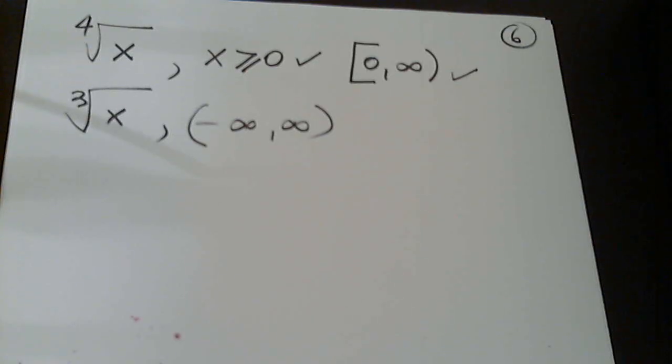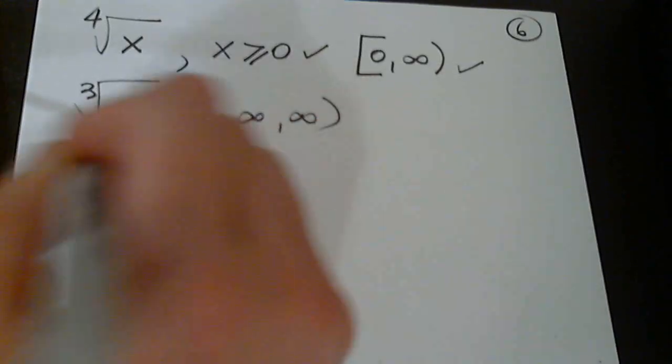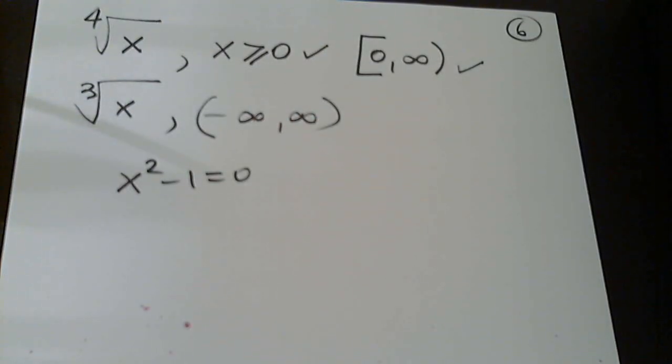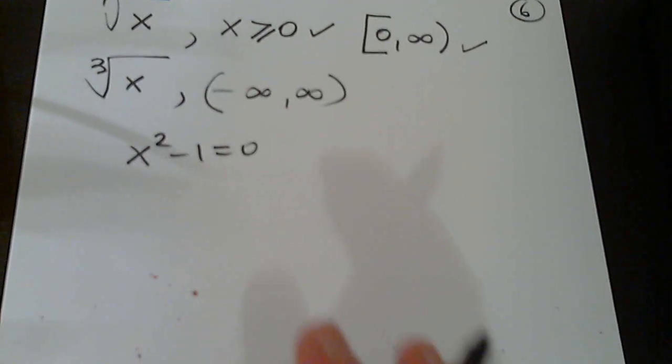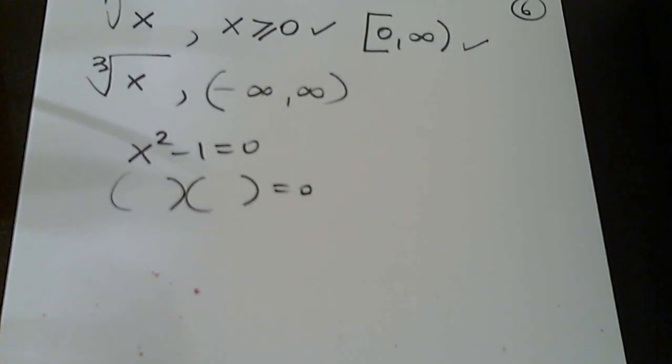Explain why the square root of a negative number is not a real number. Excellent. So, when we solve the equation x squared minus 1 equals 0, what will you tell me to do? I want to factor this and use the zero product principle.